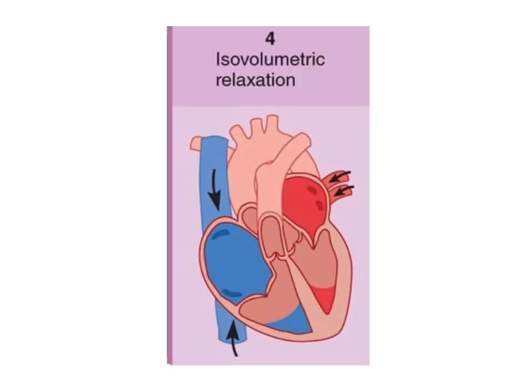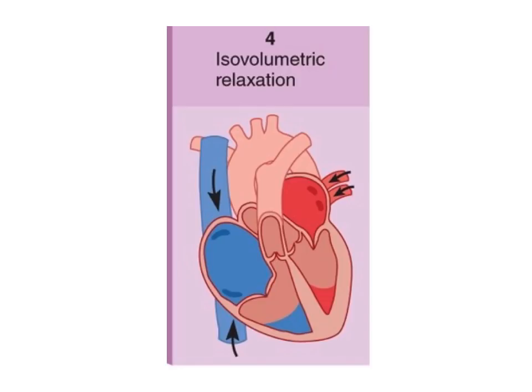So our tension in the walls of the ventricle is going to start to decrease. And your chambers are going to start relaxing, they're going to start expanding. And since we're going from isotonic to isometric, ventricular pressure is going to start to decrease.